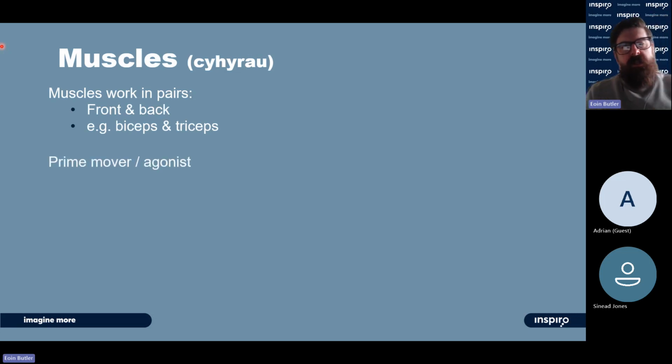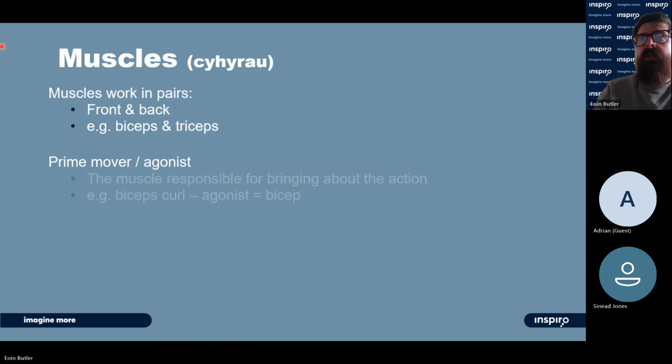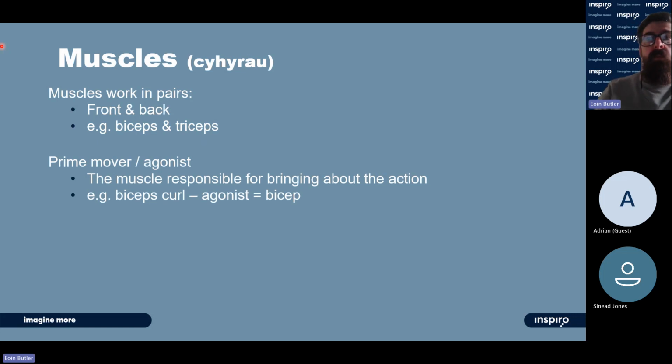When we do exercise, we've got our muscles doing different jobs. Our first type of muscle that we're going to look at is our prime mover, the agonist muscle. This is the muscle responsible for bringing about the action. When we do a bicep curl, the agonist muscle is the bicep, the muscle that we're working.